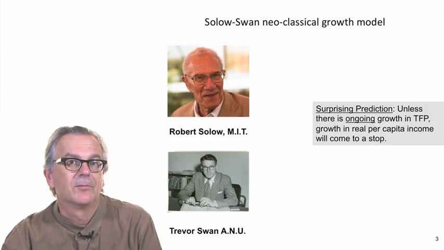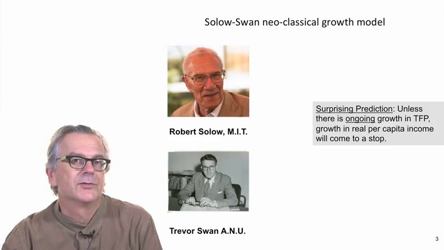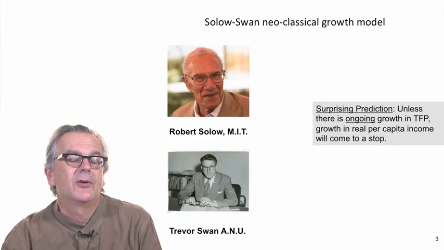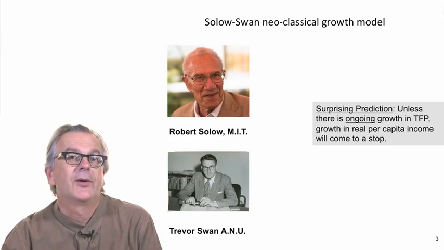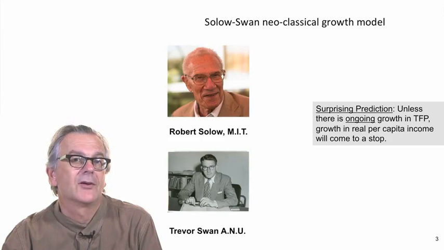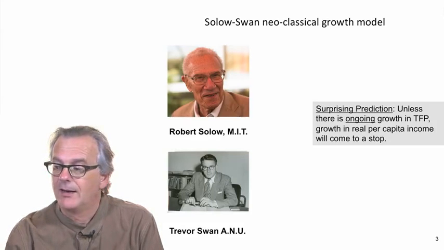It's an incredible prediction. It raises all sorts of interesting questions. How can this be? And how can it be when we look at the historical record of so many economies, Western Europe, the United States, for example, that now have many hundreds of years' history of economic growth? But you'll see the key is in total factor productivity. The beauty of this model is that it highlights what is the absolutely essential factor that needs to occur for there to be long-run economic growth.